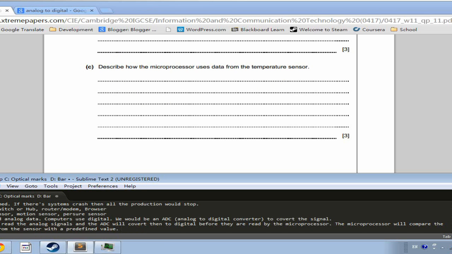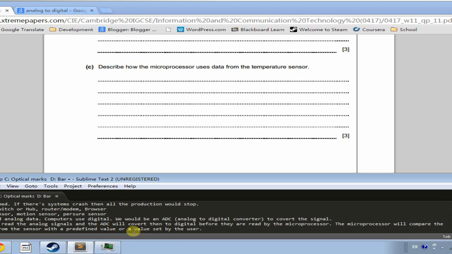My apologies. So the temperature sensor will read in the analog signal and it will be converted to digital before being read by the microprocessor. The microprocessor will compare the value from the sensor with a predefined value or a value set by the user.